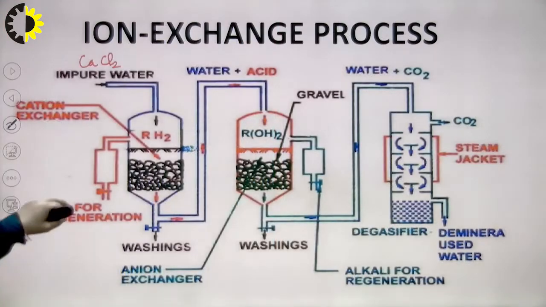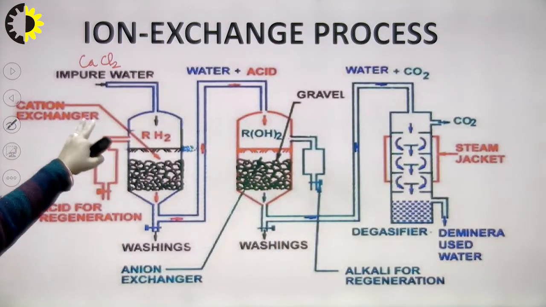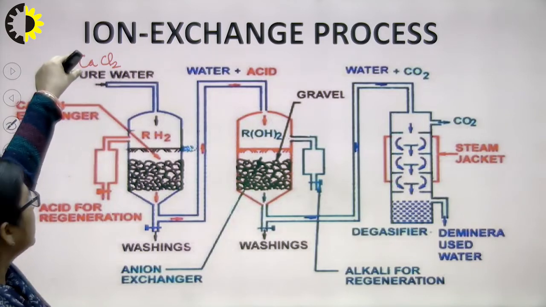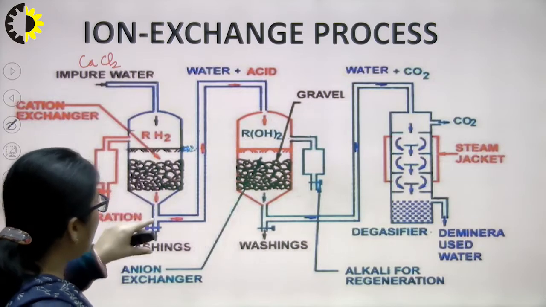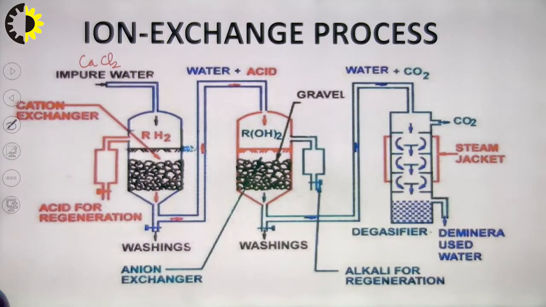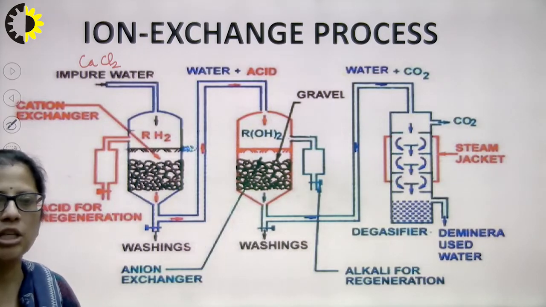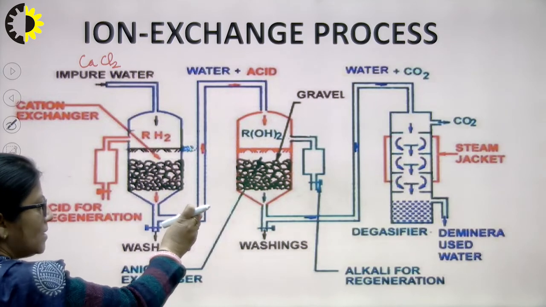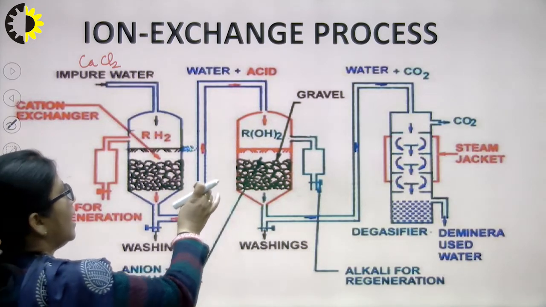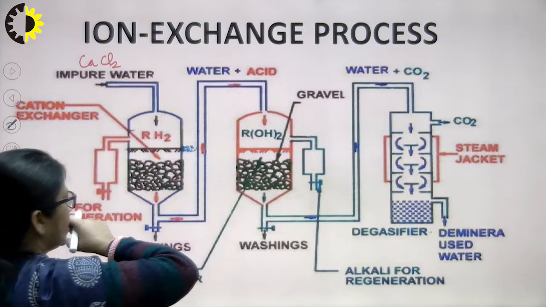So, when I pass this impure water through the cation exchanger, the calcium ion gets fixed here, and chloride ions along with H plus ions move out from the cation exchange resin. So, the water now contains H plus and the anions which are present in water, and then it passes through the anion exchanger.